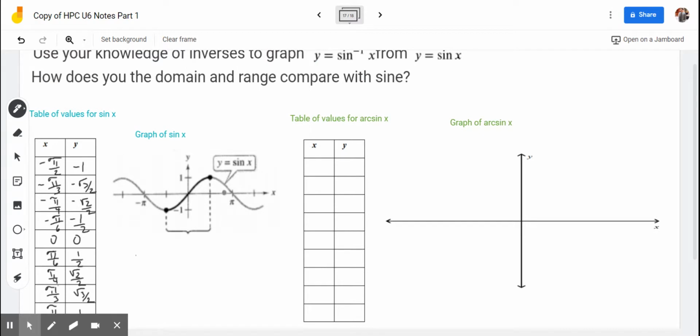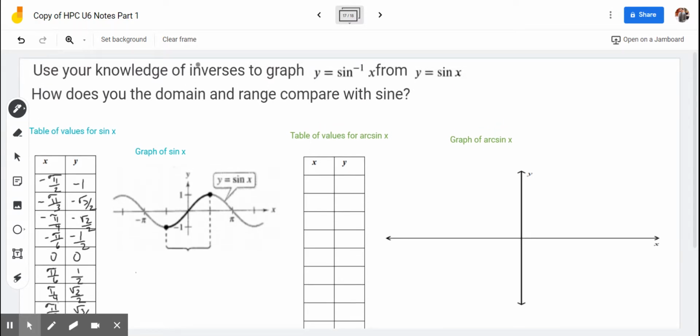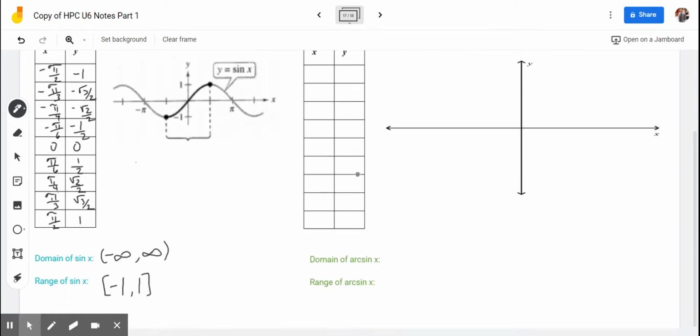All right. So now remember, use your knowledge of inverses to graph y equals sine inverse and y equals sine of x. So if we know that the range for sine of x is -1 to 1, then the domain for its inverse function, arc sine of x, is going to go from -1 to 1, right?